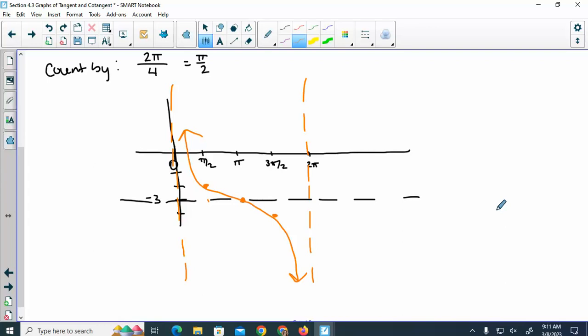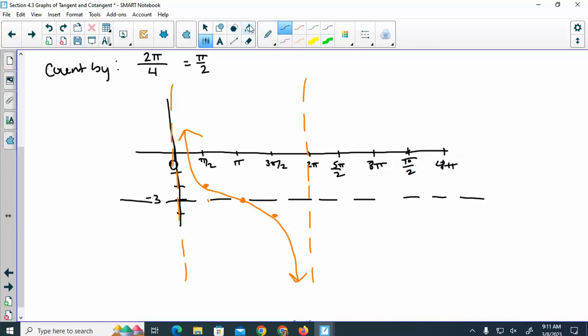If I asked for 2 periods, how would I make a second period here? You do pi to 2 pi or 2 pi to 4 pi. We just keep adding, counting by pi over 2 for 4 more points. So this was 4 pi over 2, so 5 pi over 2, 6 pi over 2 is 3 pi, 7 pi over 2, and that would be 4 pi.